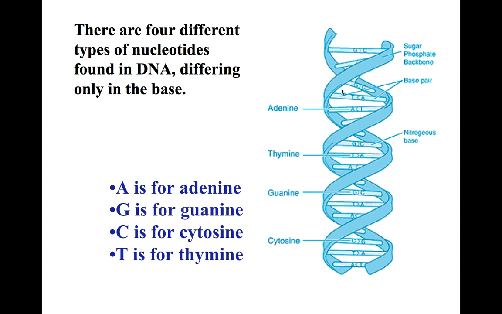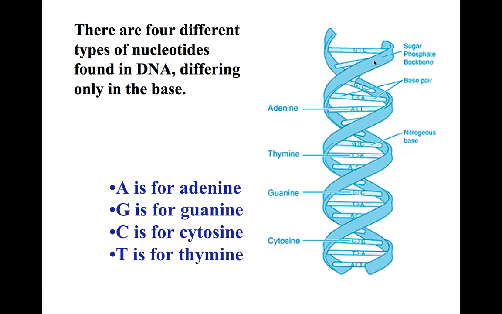So there are only 4 different types of bases: adenine, guanine, cytosine, and thymine. We call them A, G, C, and T. You are welcome to use those abbreviations pretty much whenever. You'll notice in this drawing the sugar and the phosphate are shown as just a line. We don't even draw the circles and the pentagons anymore because they never change.